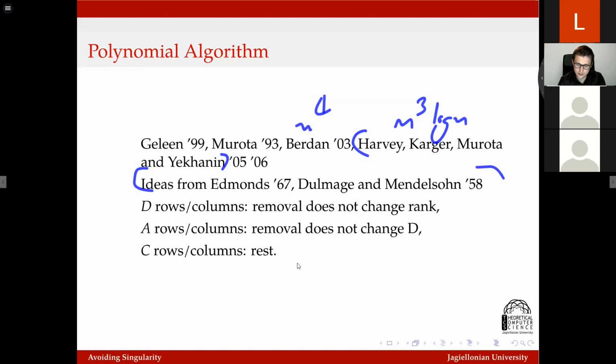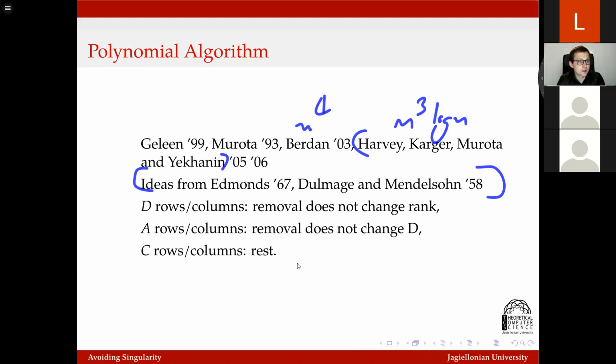Basically, these are ideas from Edmonds and Dulmage and Mendelsohn on matchings. So we'll try to augment matching algorithms so that they work with rows, columns, and ranks.